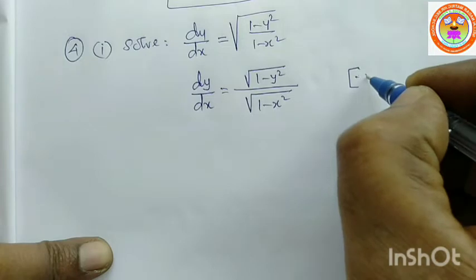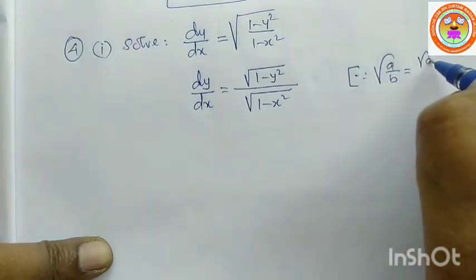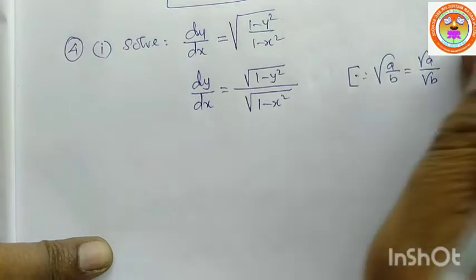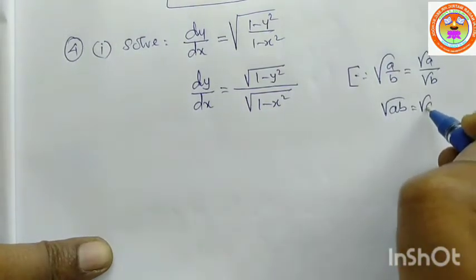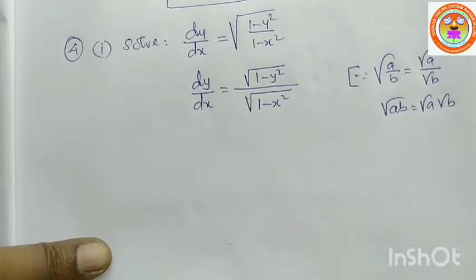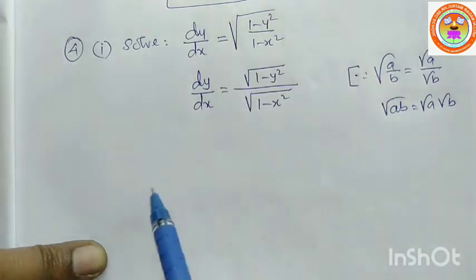The reason is root of a by b can be written as root a by root b. Similarly, root of ab means root a into root b. So we can split this single term into two, right?